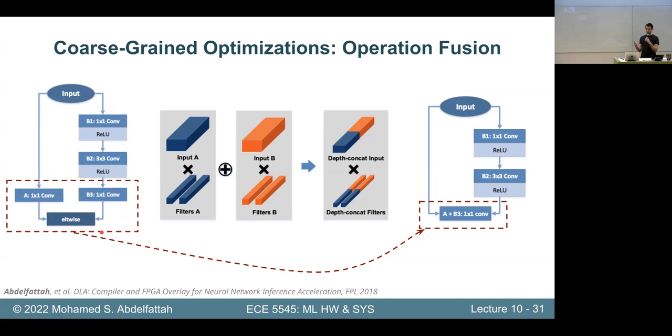One of the optimizations in our compiler is to reduce the number of operations and increase the parallelism, so to have fewer but bigger operations. Instead of having two 1x1 convolutions that are added together, we can do a depth concatenation of those tensors and perform the whole thing in a 1x1 convolution. So we took those three operations and fused them into one operation with a lot more parallelism, because we have a lot more elements to multiply in every pass of this filter.